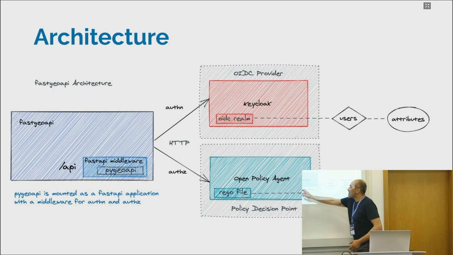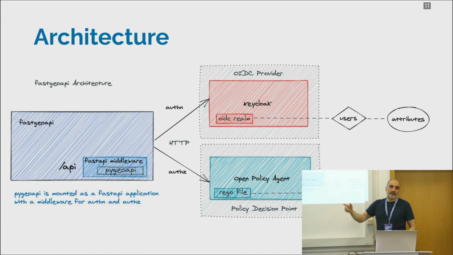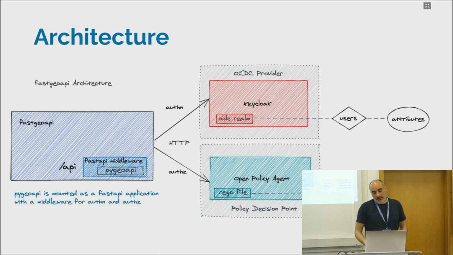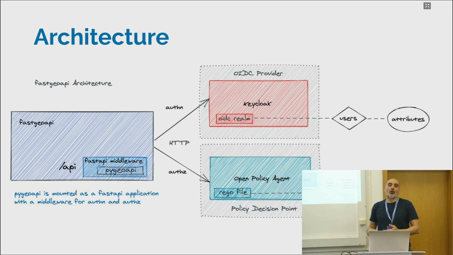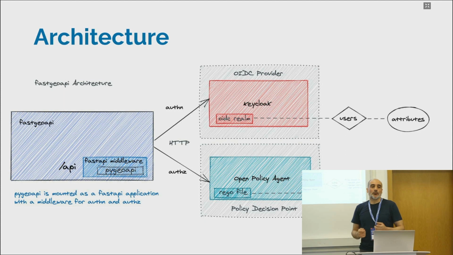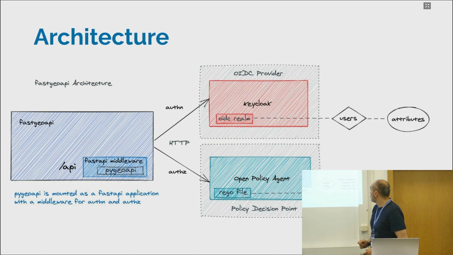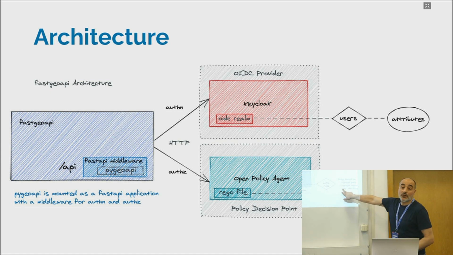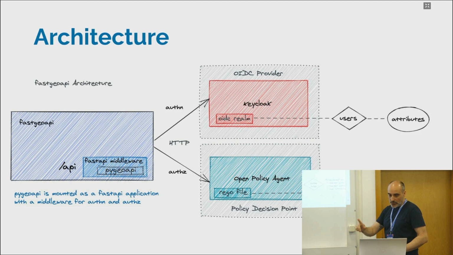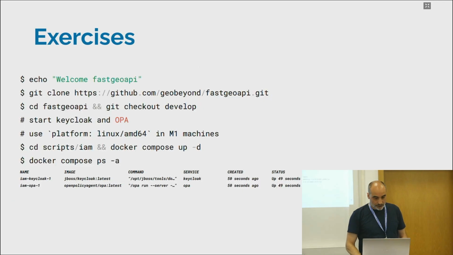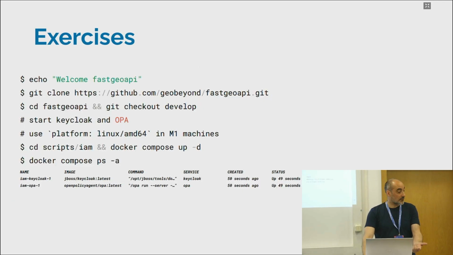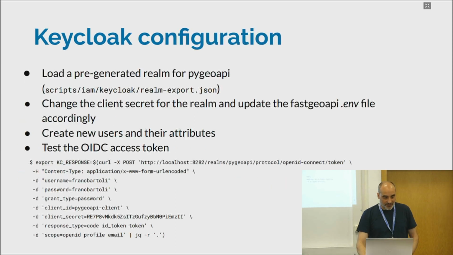And then there is this Rego file, which is the language Open Policy Agent offers to developers to code the policy to make some endpoint accessible or not. It is based on the HTTP request. I will show you in a moment. This is the 5 minutes, okay. I'll try to go faster.